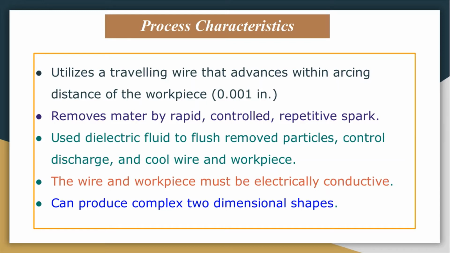Also, this wire EDM process utilizes dielectric fluid to flush away the removed particles. It also controls the discharges. This dielectric fluid cools down the wire as well as the workpiece. And the wire and workpiece must be electrically conductive material. This is a basic requirement of this process.